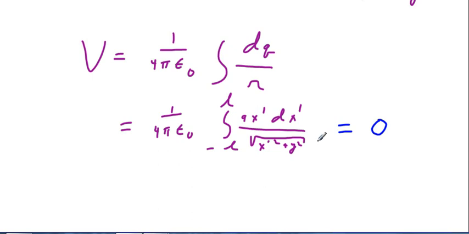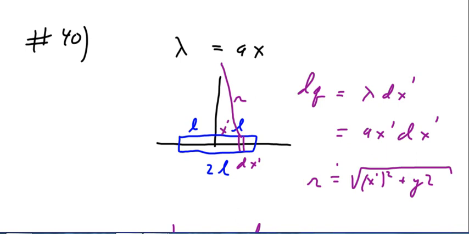Since the function is an even function, if I go from minus L to L, they're going to cancel each other out, and I'm going to end up at 0. The other way to look at this is in the y direction. If lambda is equal to ax, I'm positive on this side of the rod and negative on this side.